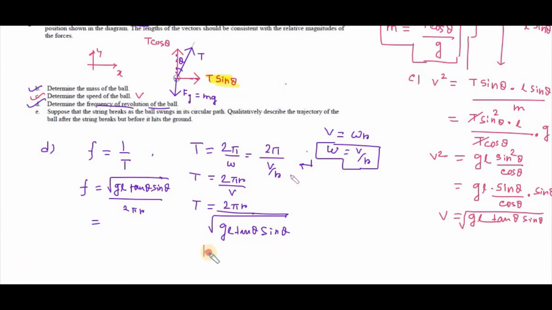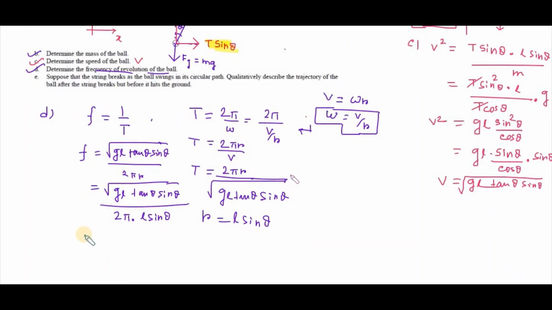We are going to substitute here the square root of g into L into tan theta into sine theta upon 2 into pi into L sine theta. Now from there, 1 upon 2 pi square root of g.